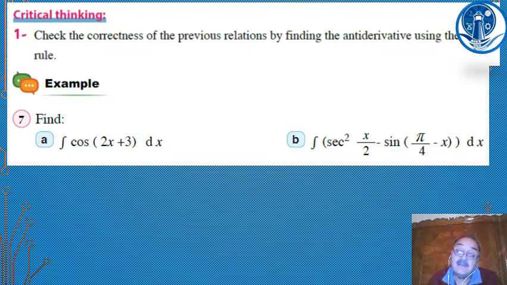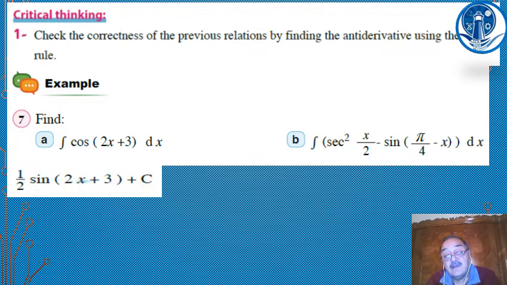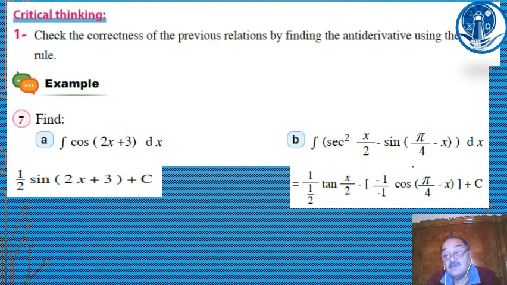And here is sec square x over 2 minus sine pi over 4 minus x. What is the antiderivative of sec square? It is tan. Okay, then there is over 2. This is tan x over 2, divided by the derivative of the angle, half, minus, here it will be cosine pi over 4 minus x plus c.